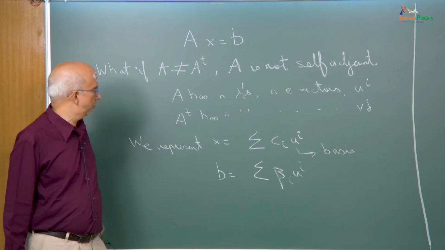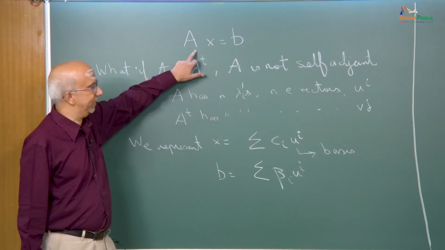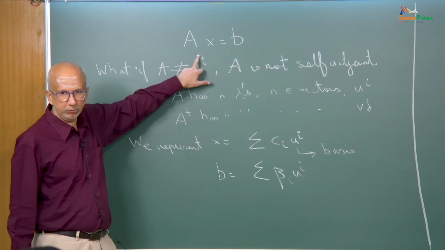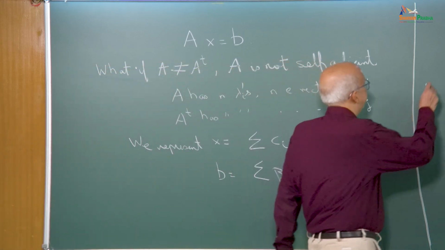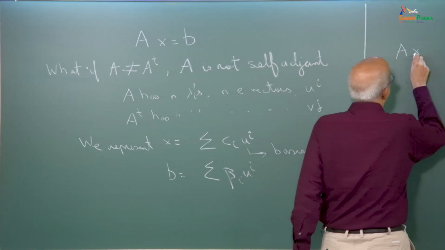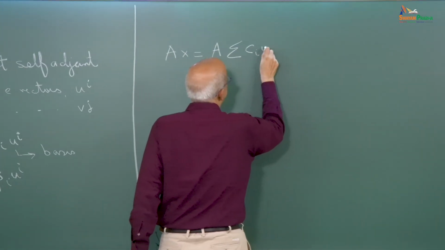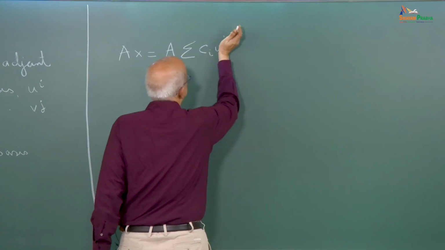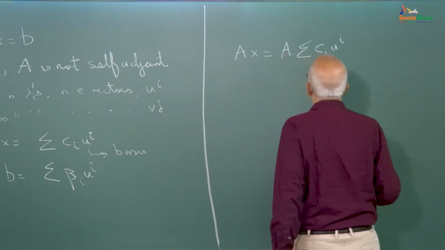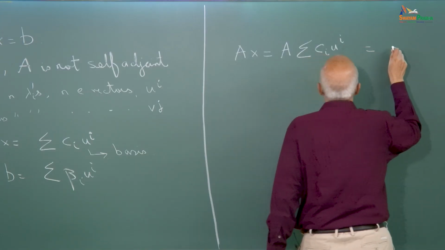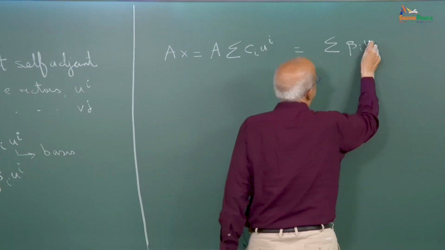Now, what we want to do is find x so that it satisfies this equation Ax equals b. So, what is Ax? A sigma ci ui, and this must be equal to b, which is sigma beta i ui.